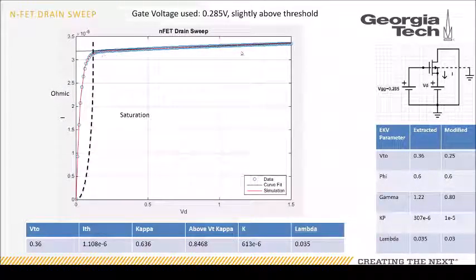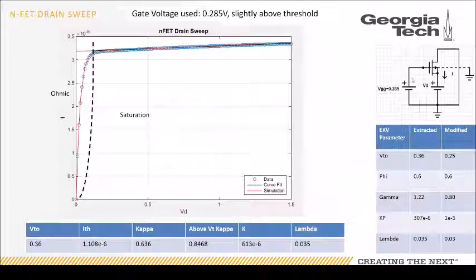And then for the drain sweep, here we mainly focus on channel length modulation. We do a curve fit on the saturation region to get the Early voltage, and then we convert the Early voltage into lambda, which is 1 over the Early voltage, and plug it into the EKV model.